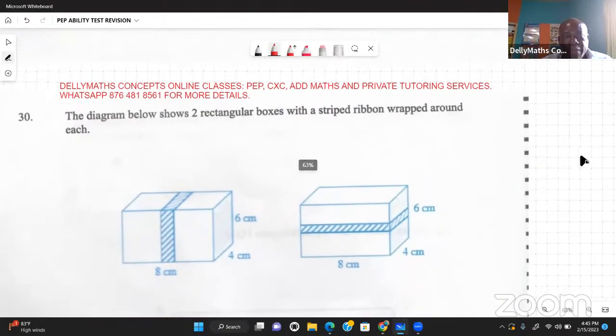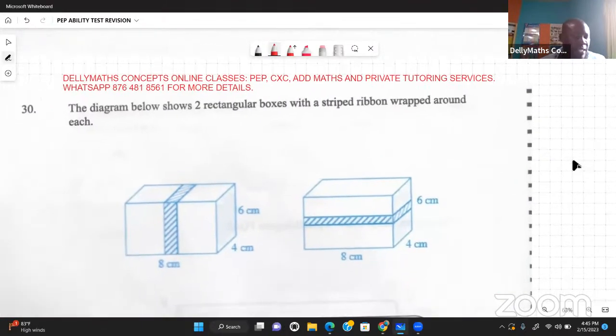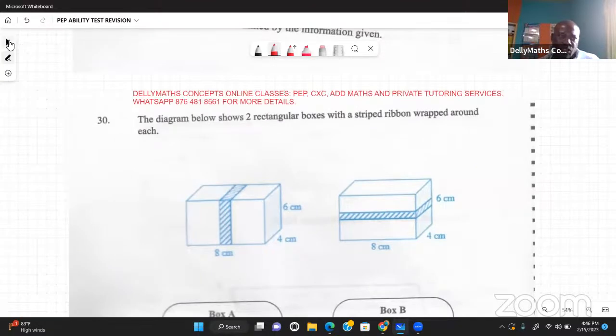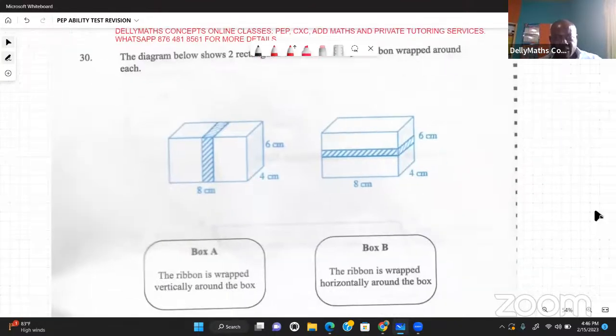All right, number 30. Number 30 says this: the diagram below shows two rectangular boxes with a striped ribbon wrapped around each. So the striped ribbon is wrapped around each in different directions, right?